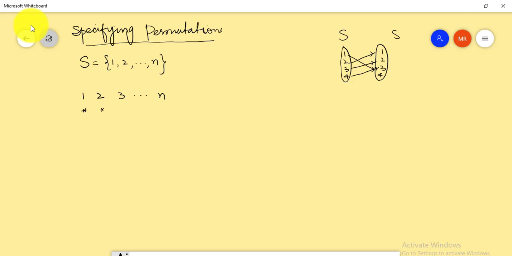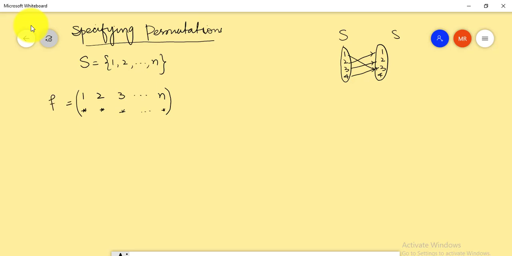Similarly, underneath element 2, we write its image, and so on. So underneath each element of the set S, we write the image of that element, and we enclose this whole array into a bracket. And we call it the permutation.